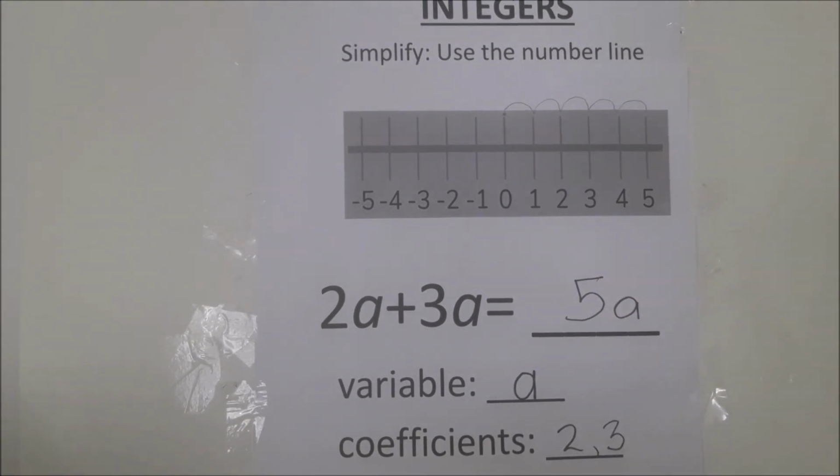Very good. But you have to remember, once you add the integers, whatever the variable is, you have to put it at the back of that answer. So you must write 5a and not 5, because 5 by itself would be incorrect. You're adding a's, so the answer must be in a's as well. So it's 5a. Very good.